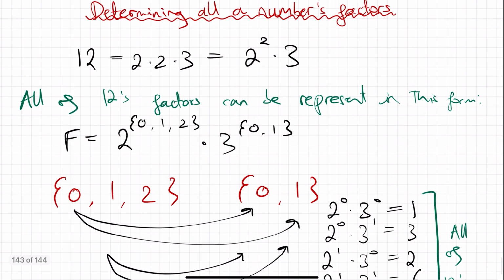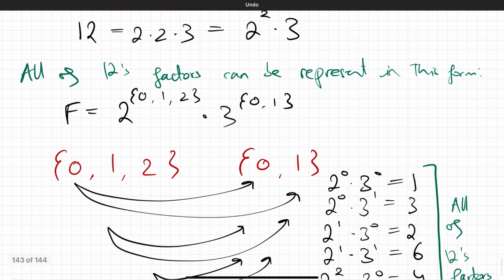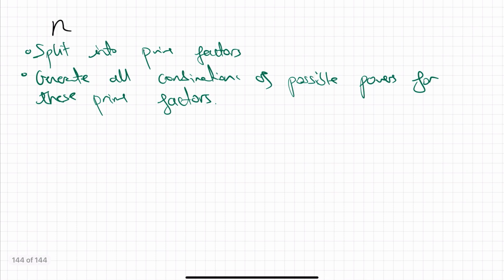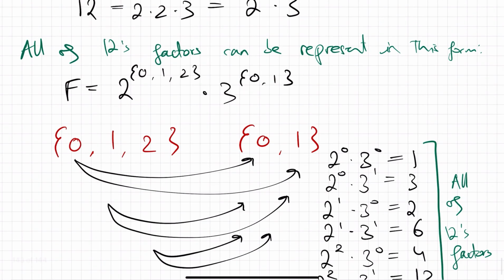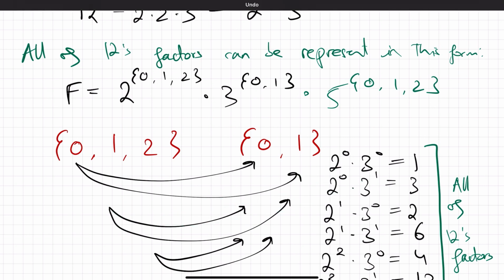It's just, if we write 2 to the 2 and 3 to the 1, that's the same as generating these sets where it goes 0, 1, 2, all the way up to the number, always starting from 0, and same with 3. And then once you've done that, we've generated all the combinations, and then we want to generate all the matches between these. If you had a bigger number, like if there was a 5 here which went up to 0, 1, and 2, then we would have a lot more pairs, because each one of these would then have 3 more connecting to each of 5.